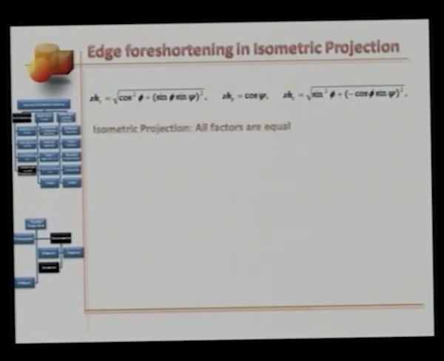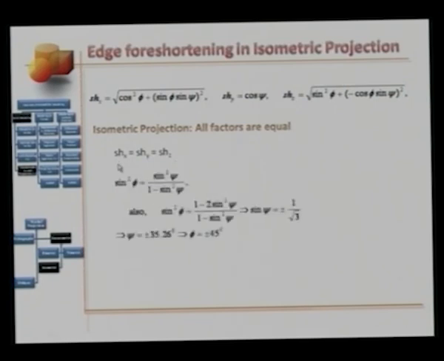In the isometric projection, all factors are equal. That is, the factors along the x, y, and z directions, sh sub x, sh sub y, and sh sub z, are all equal. We can work out the mathematics using these three relations and this condition, and we'll find that the angles psi and phi attain specific values.